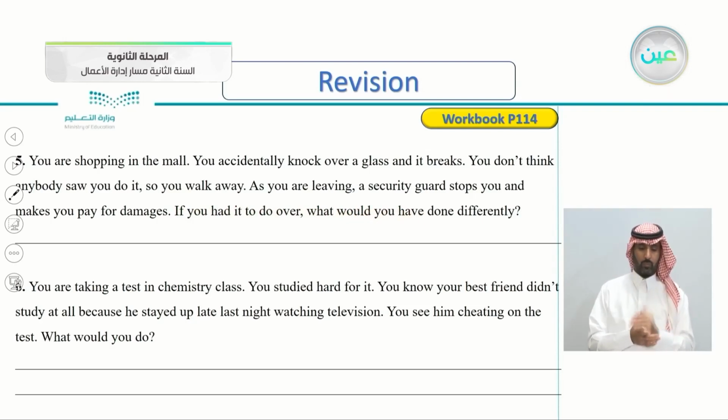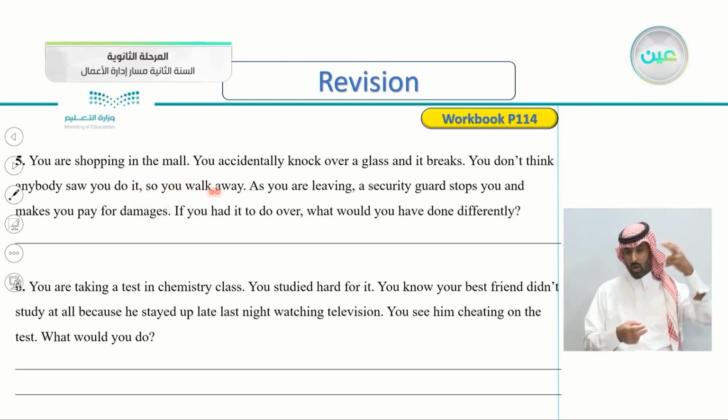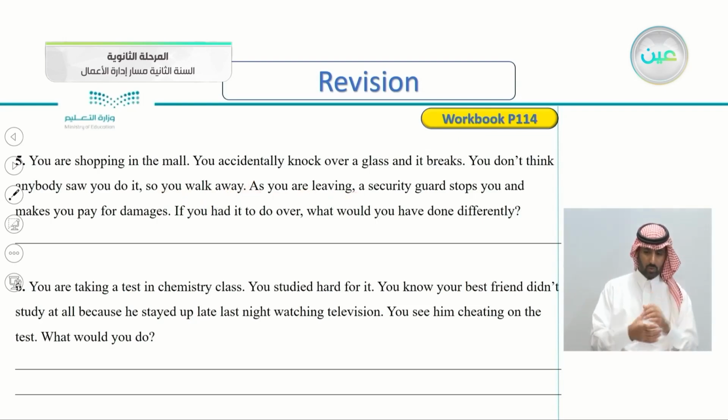So this is another situation almost the same as the first one. You knock over a glass, you think no one saw you, so you walk away. This is unethical, of course. As you are leaving, a security guard stops you and makes you pay for the damages.